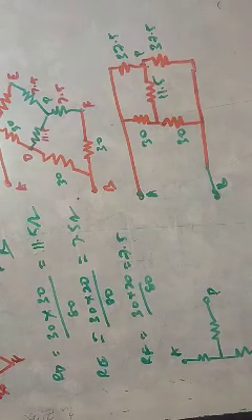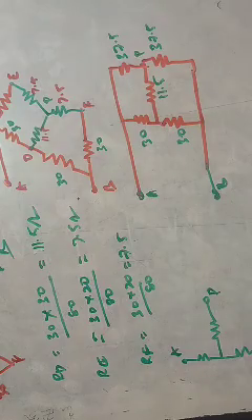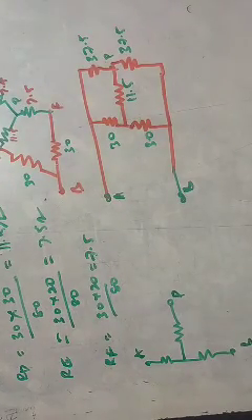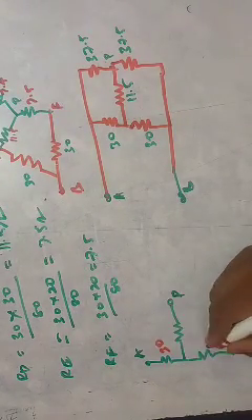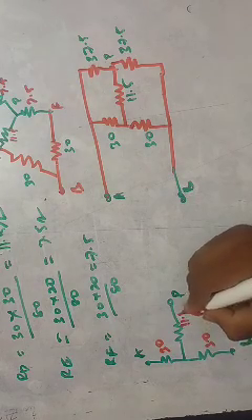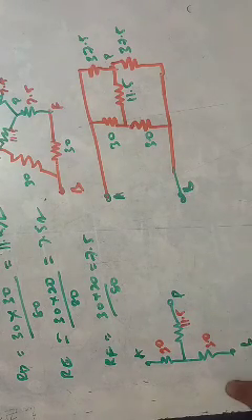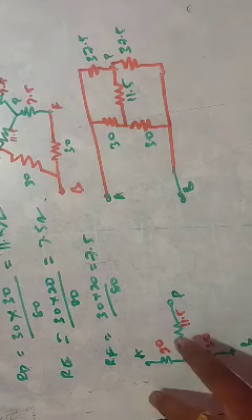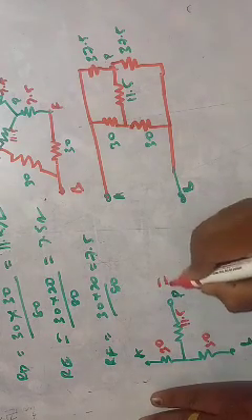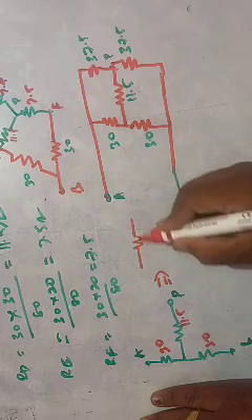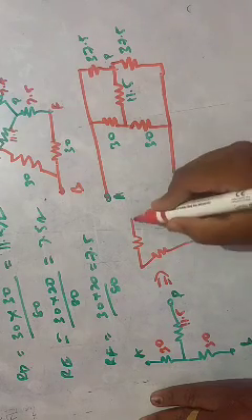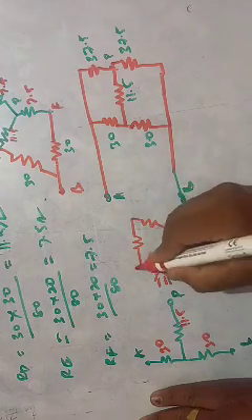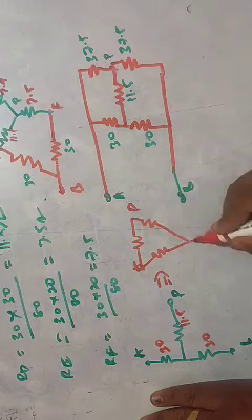These values are 30, 30 and 11.5. This is the star form. You have to convert it into delta form. So for delta form, you must write this as A, P and B.